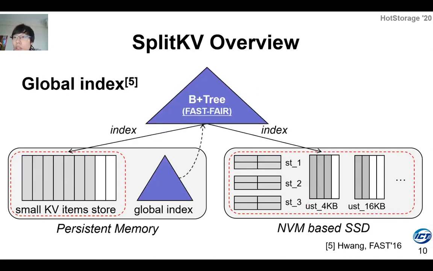Since the data in persistent memory and SSD are stored out of order, in order to support effective queries, we establish a persistent B plus tree in persistent memory to index global data in persistent memory and SSD at the same time. For the global persistent index B plus tree, we use existing research work FastFair.